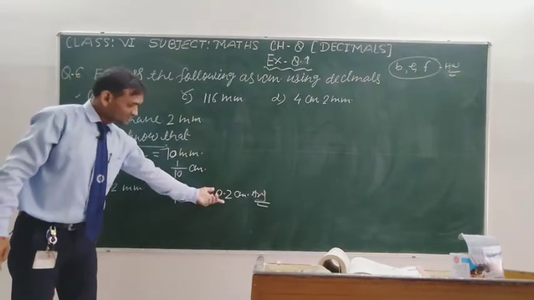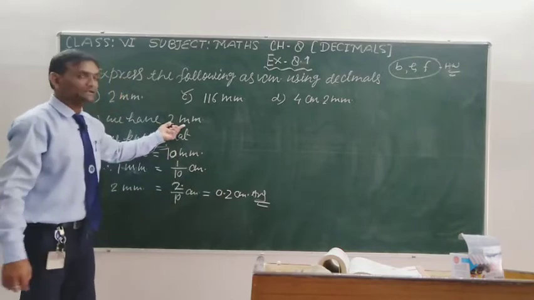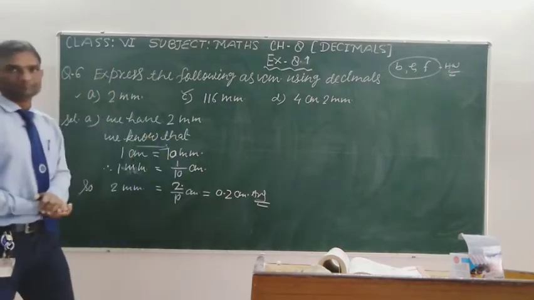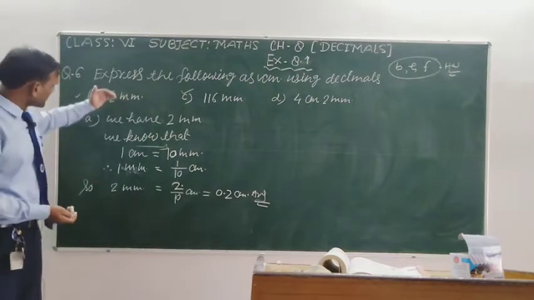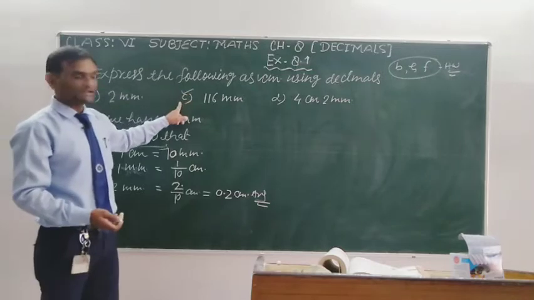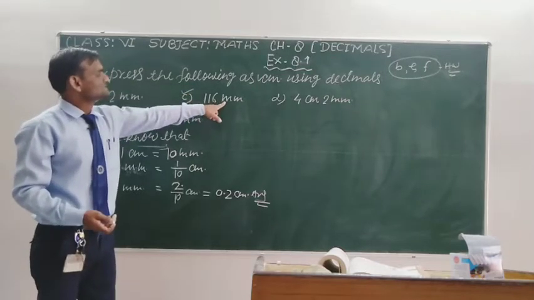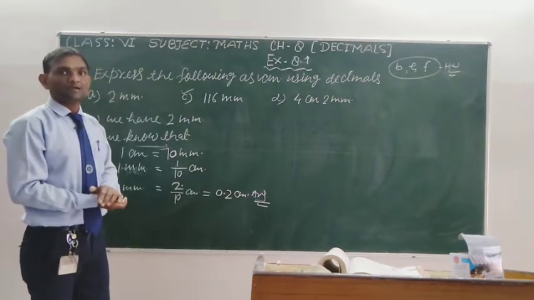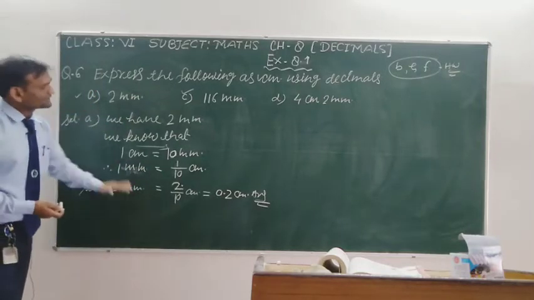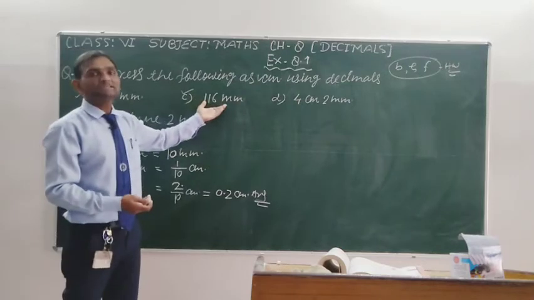Now you have changed 2 millimeter into centimeter by using the decimal. I hope student you have understood this part, and come to the next part, that is C part, 116 millimeter. This method you will apply in this part.